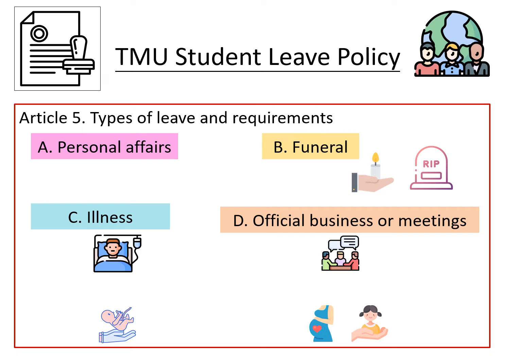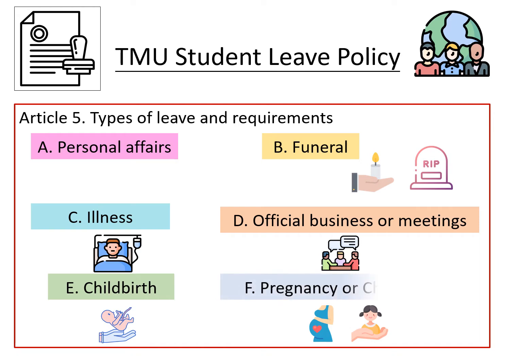Number 4, official business or meetings. Maybe you have some job duty and the mission is from the university, maybe you represent the university to join a competition. This is a leave type you can apply for. Number 5 is childbirth. If you are delivering a baby, you can make this kind of leave. And the last one is if you have a baby or you are the father, you need to do some child care.